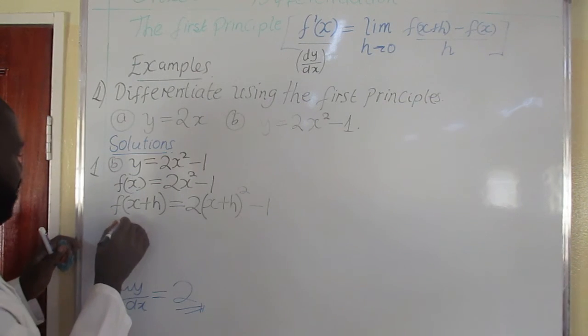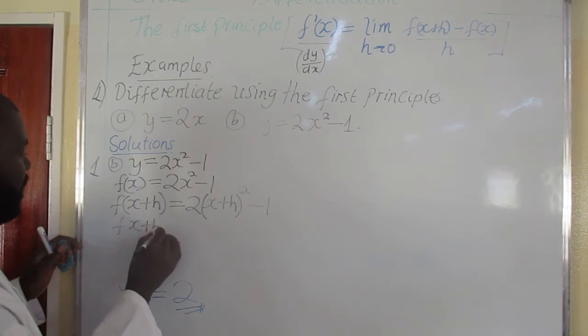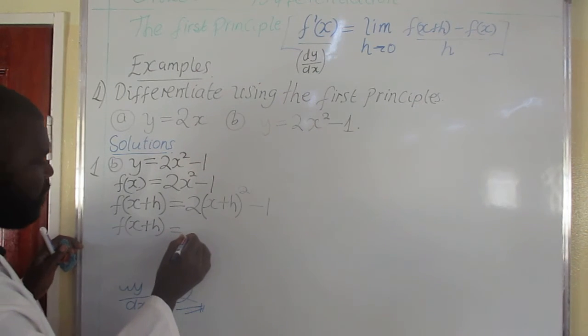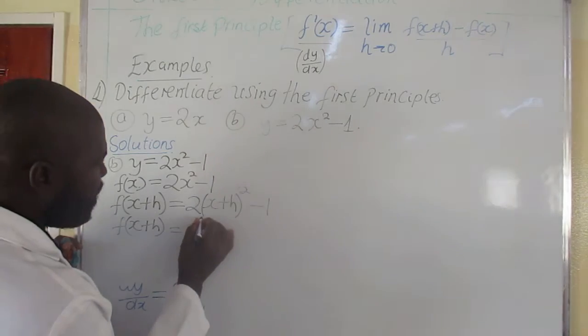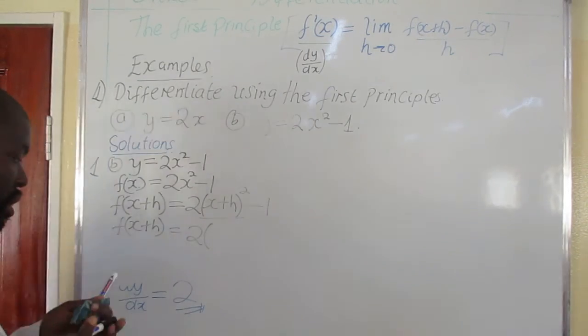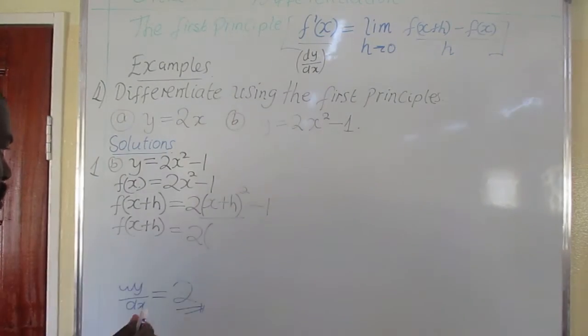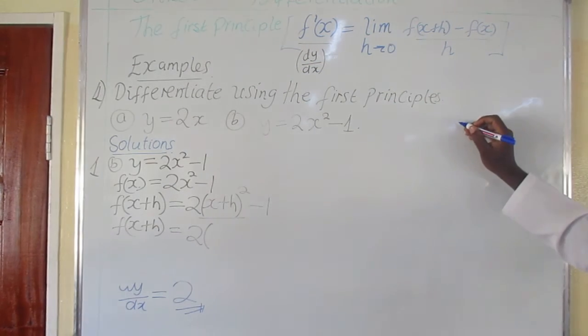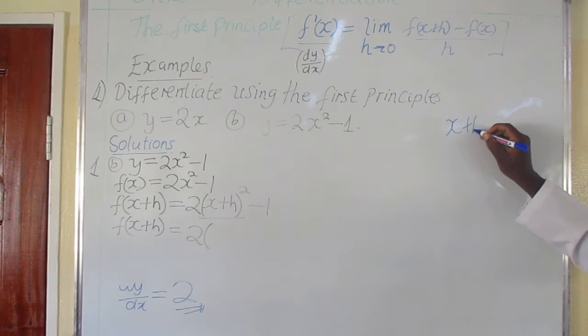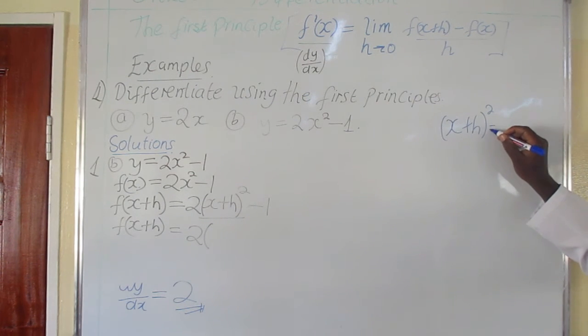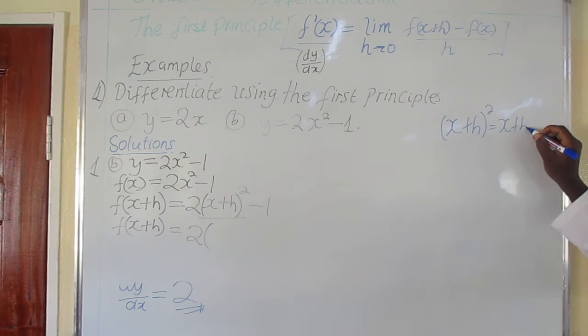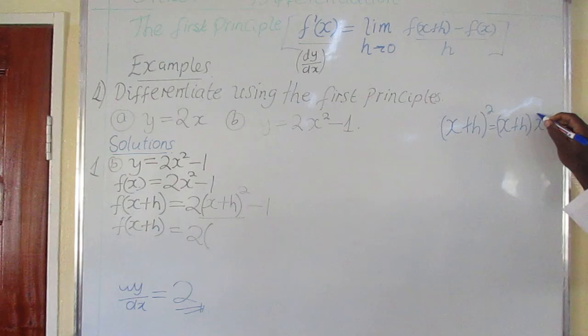You can see f(x plus h) is equal to 2 times... Now, we need to expand this one, because we have x plus h to the power 2, which means x plus h by another x plus h.